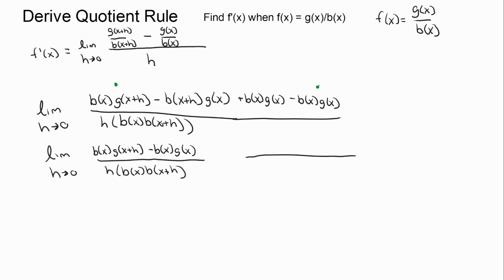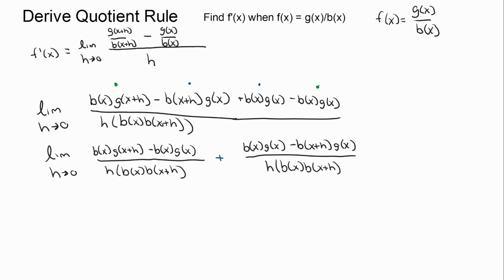And then, if we add it in this specific case, we take the remaining two numerator pieces and add them together. We'd have h of x times g of x minus h of x plus h times g of x, with the same denominator as before, h times h of x times h of x plus h.